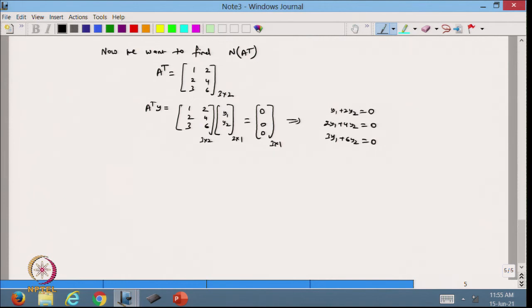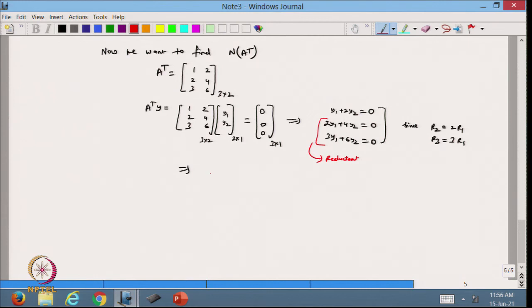Now you can check that since R2 is 2 times R1 and R3 is 3 times R1, these two rows are redundant. They are redundant rows, which means they do not add anything.